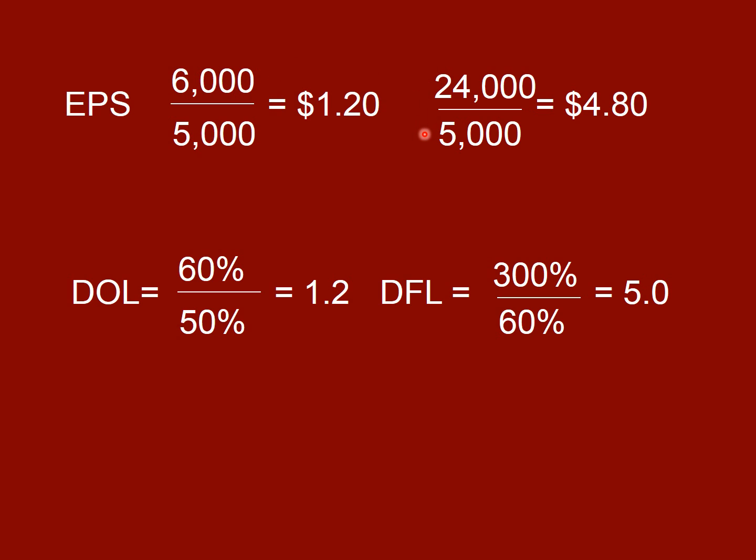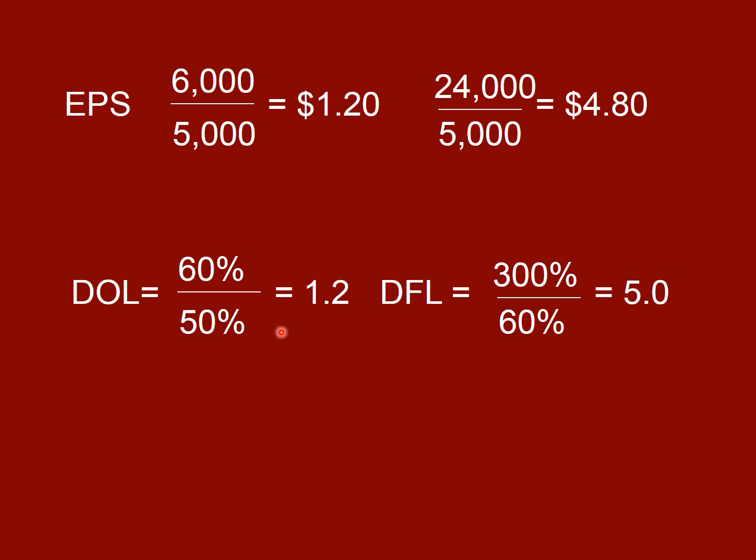We divide that by the 5,000 shares outstanding, and we have earnings per share of $4.80. So notice how the change in sales caused a very huge change. By the way, a 50% change in sales caused a 300% change in earnings per share. I'll show you that in just a moment.